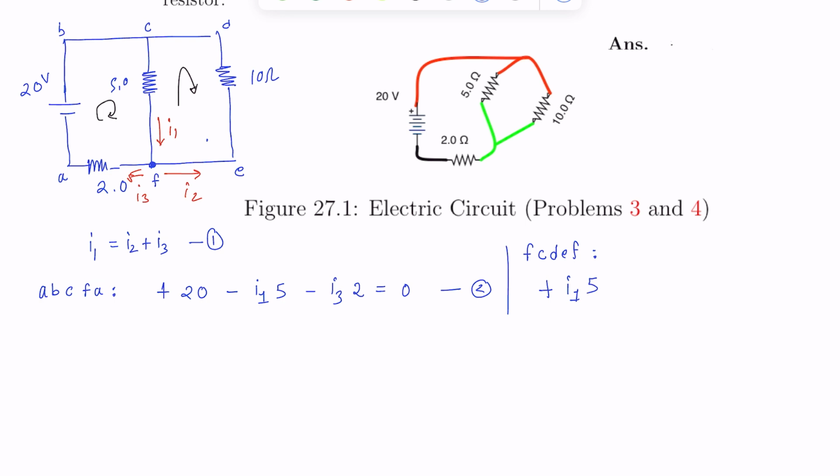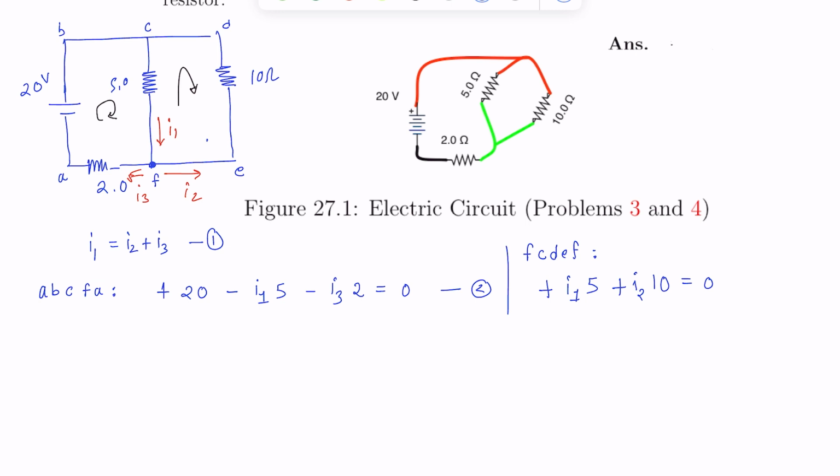After crossing this, you go to the 10 ohm resistor, and here the direction of the current is I2, which is like this, so you're going opposite to the direction of the current. That means again you take plus I2 times 10, and that will be equal to 0, because you start at F and you end at F. The only two things that you see in the loop are one resistor of 5 ohms and the other resistor of 10 ohms.